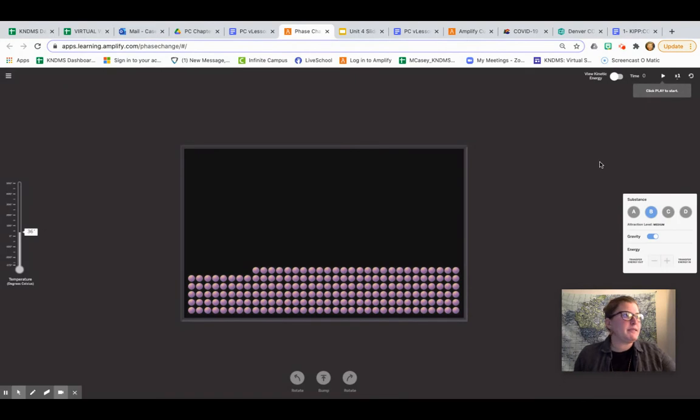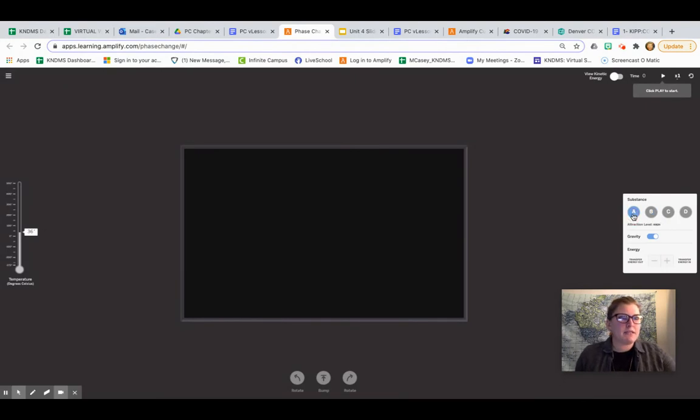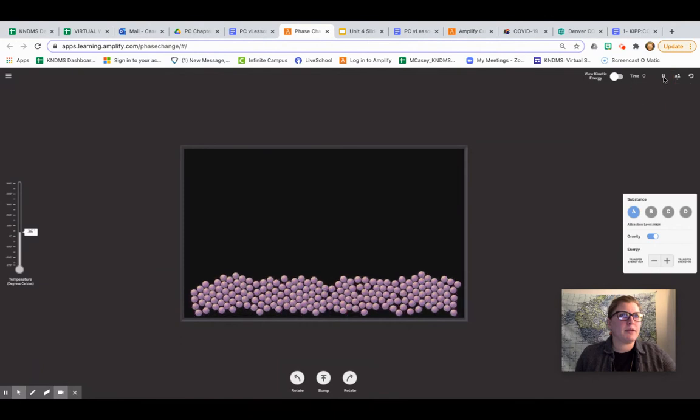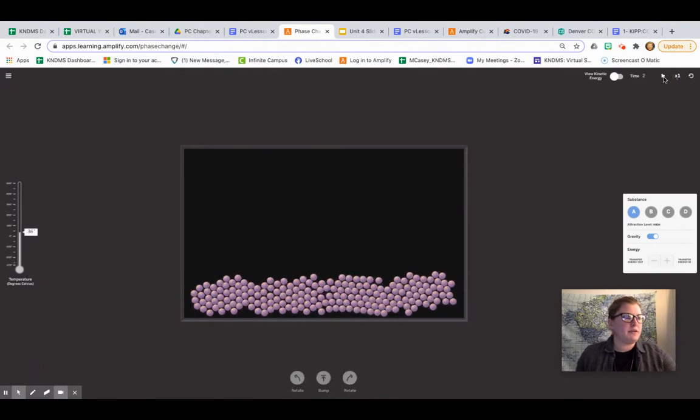And I'm in the sim. If I go to substance A, I'm going to press play for a little bit and pause it. Given what I know about different phases of substances on a macro scale, solids, liquids, and gases, I know that solids do not take the shape of their container.